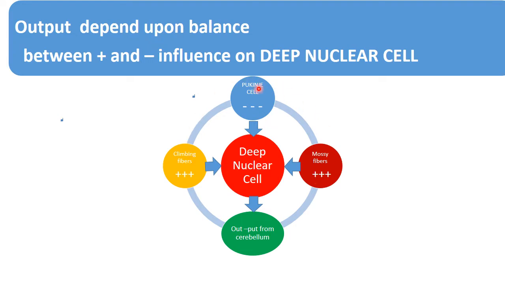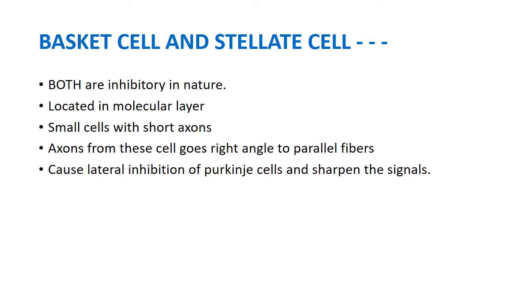The combination or the balance of these three parts is the resultant output of the cerebellum. The basket cell and the stellate cell are always inhibitory.